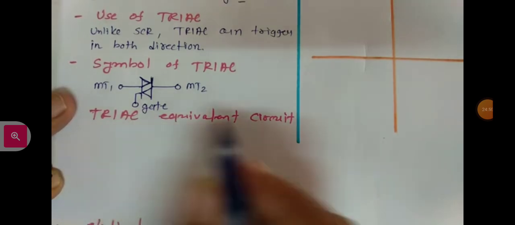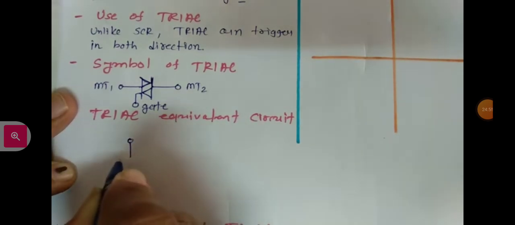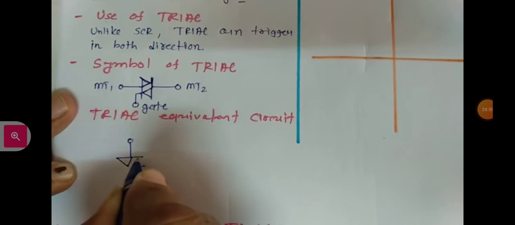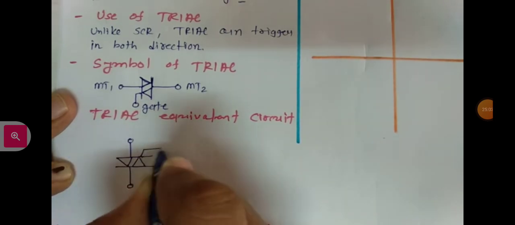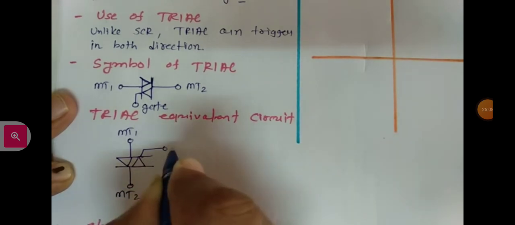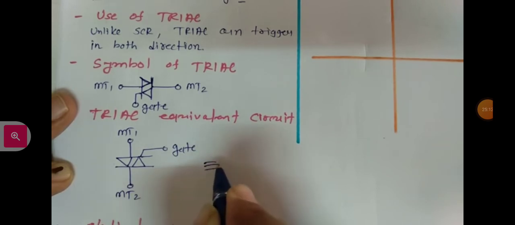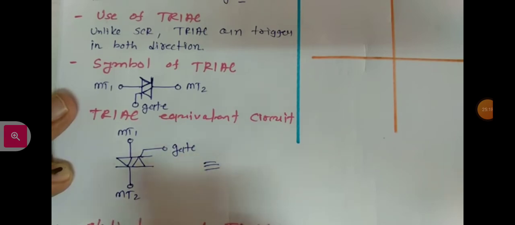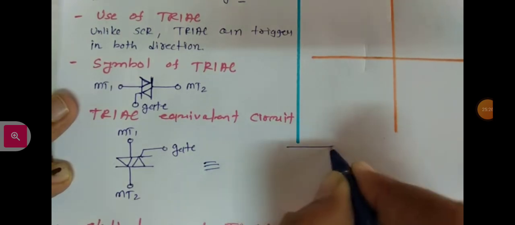Let us try to understand this triac by its equivalent circuit. This is the triac which I have right now: this is MT1, this is MT2, and this is the gate terminal. Now the equivalent circuit of this is two back-to-back SCRs connected.